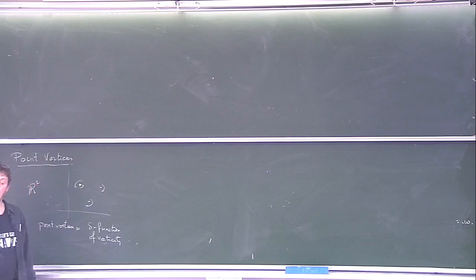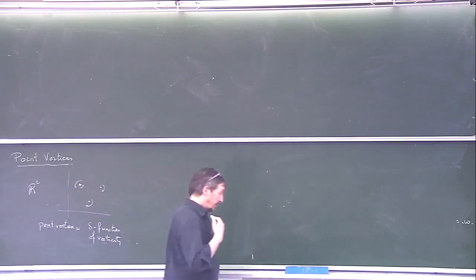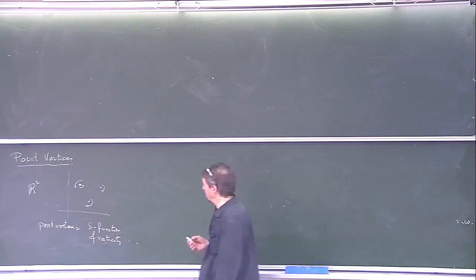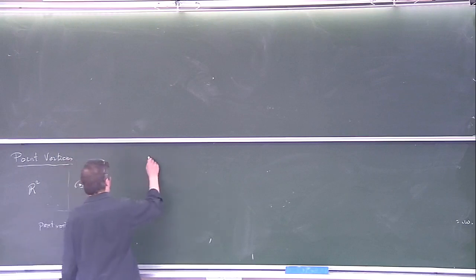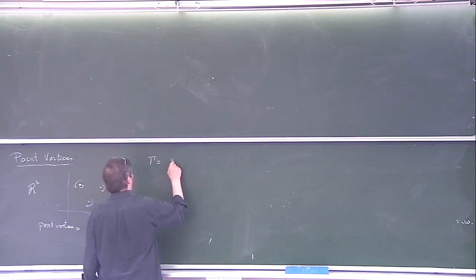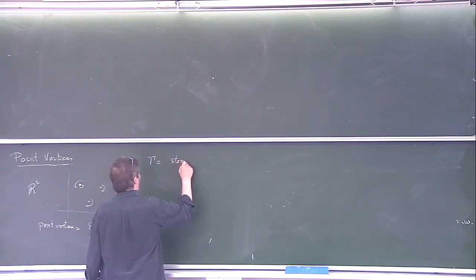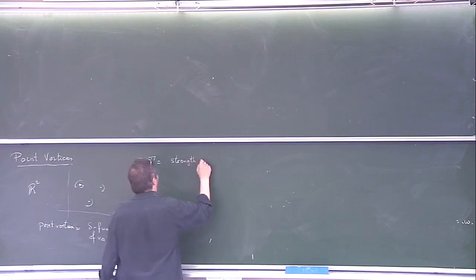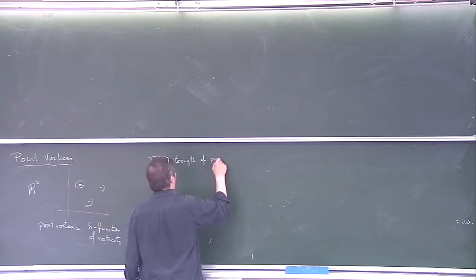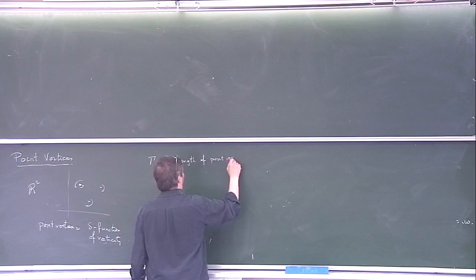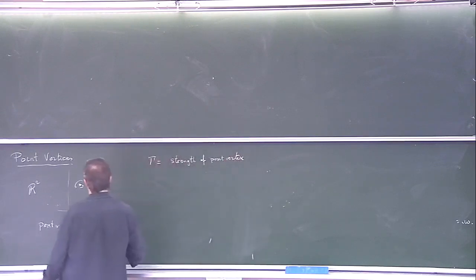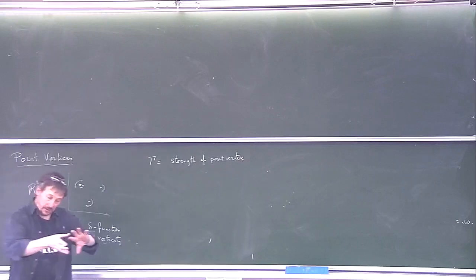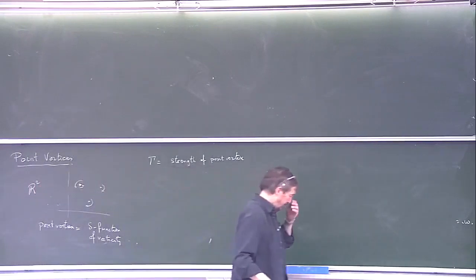So a point vortex comes with a strength, which I shall call gamma. And vorticity is about rotation of the fluid.